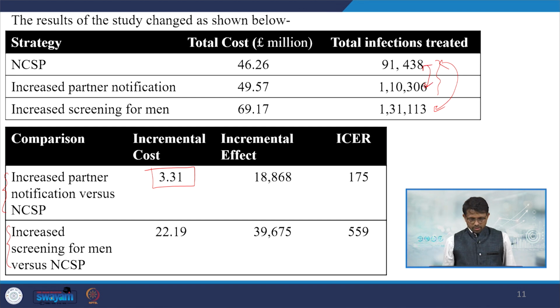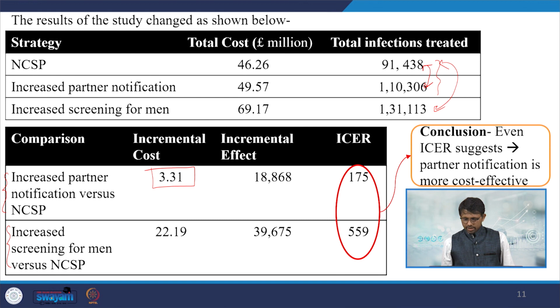So, the changes are quite important here. Even the ICER suggests that partner notification is more cost effective. You can see, especially for partner notification, as we already said from the absolute figures as well, the incremental cost is lower than that of screening for men.